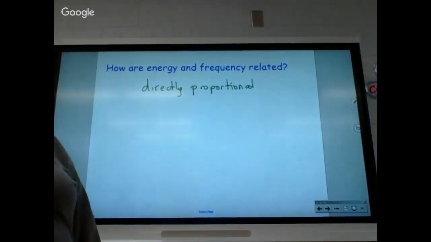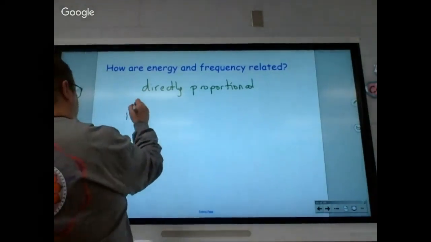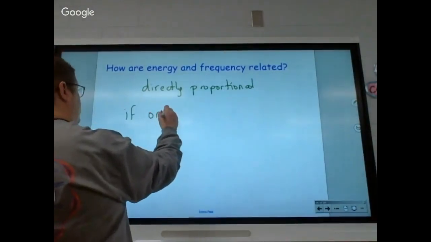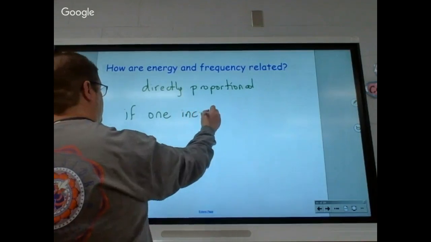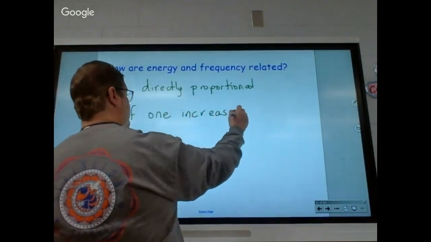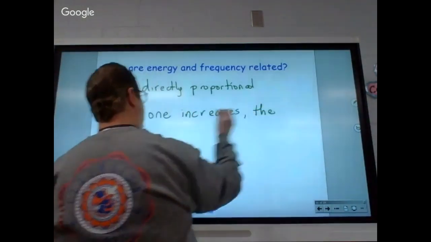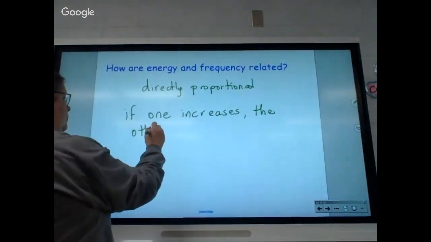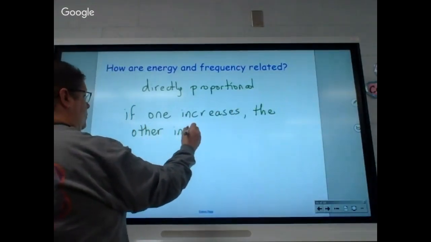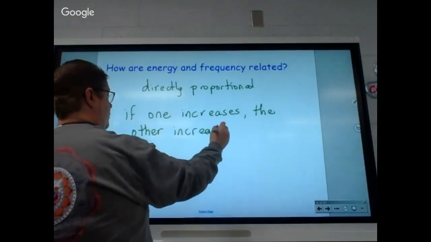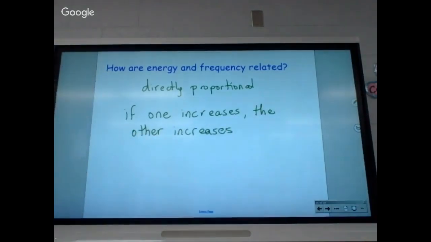So what are we going to say for directly proportional? That's right. If one increases, the other increases. All right, so that's energy and frequency.